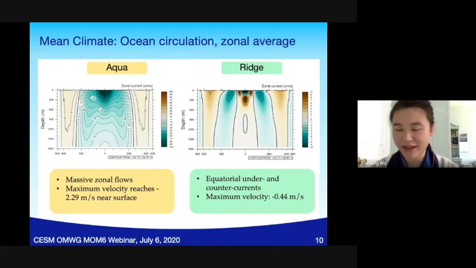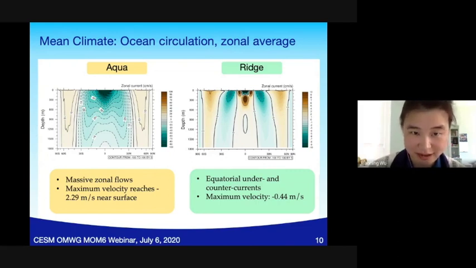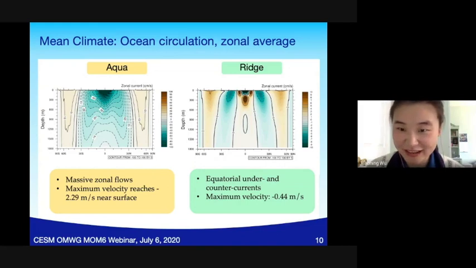To get a better look at the zonal flow on these two planets, here we're looking at the zonal average of the zonal flow. Again on Aqua, we get these crazy zonal jets, and the maximum velocity definitely reaches a magnitude that's not very Earth-like.